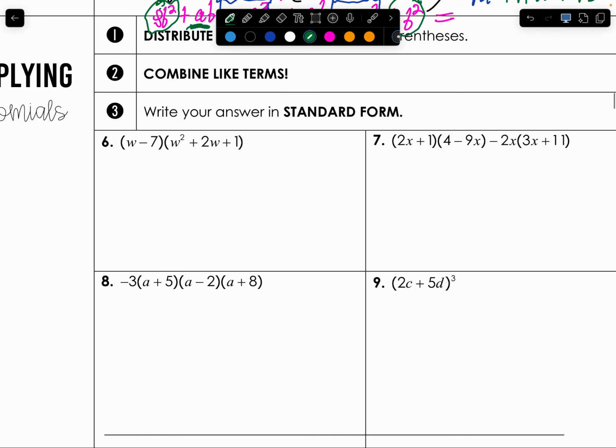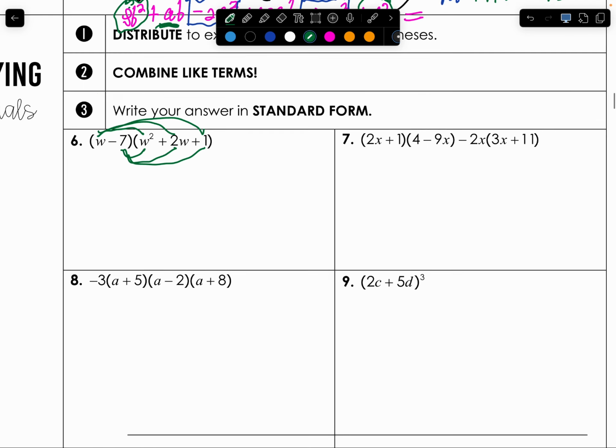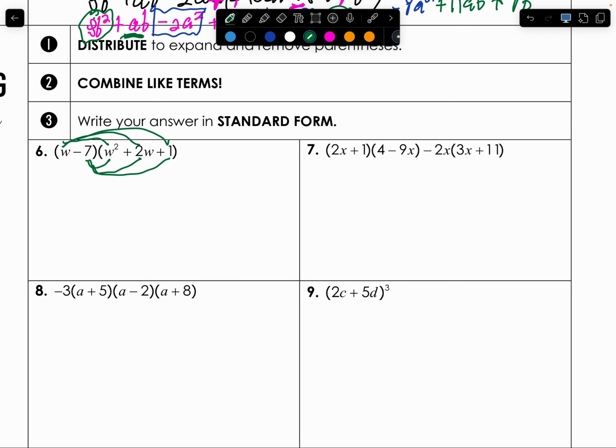Okay. These we multiply, and we multiply. So that's the way that works, and we would get some answers. For these, we do the same thing. We multiply. I think I did some of these for you guys already, but we multiply, and then we're going to deal with the rest of it in a minute.